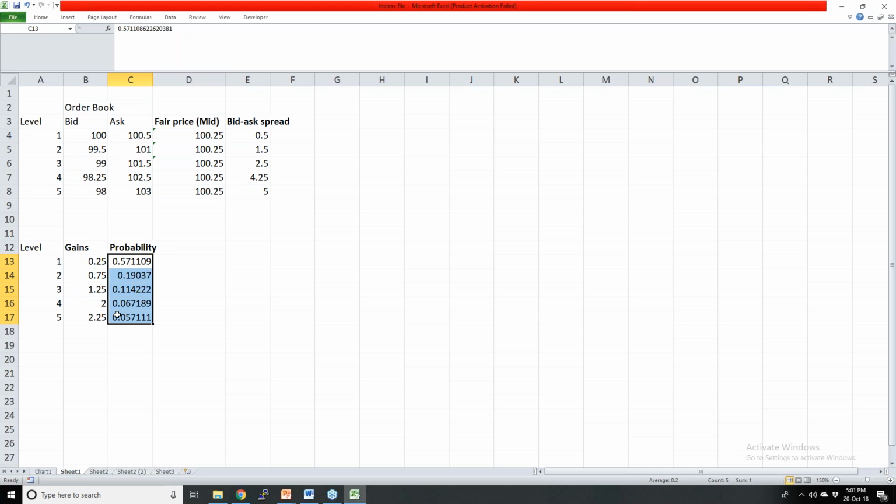A lot of people do this, and they figure out the best level to be present at, depending upon their own risk appetite. This is a rough estimate; I just took a function of the distance between the bid and the fair price. So please don't rely on these probabilities. You can take them as examples, but in reality, you can actually calculate these things.